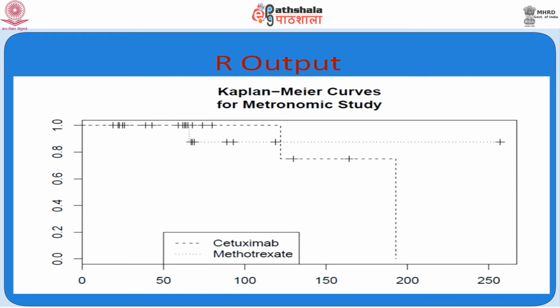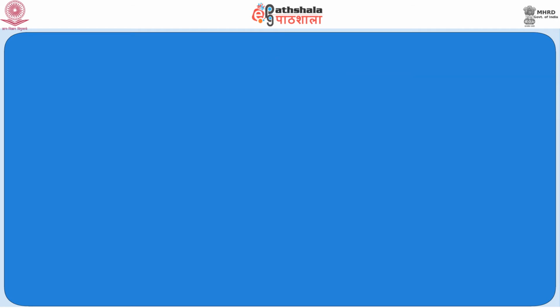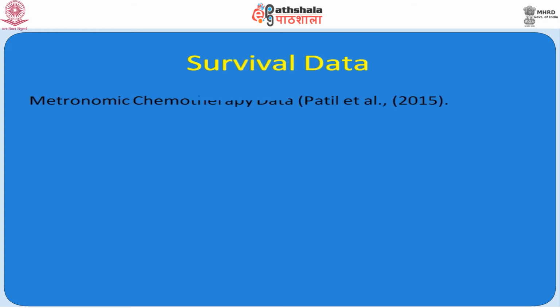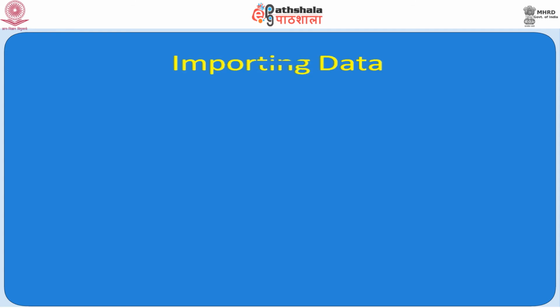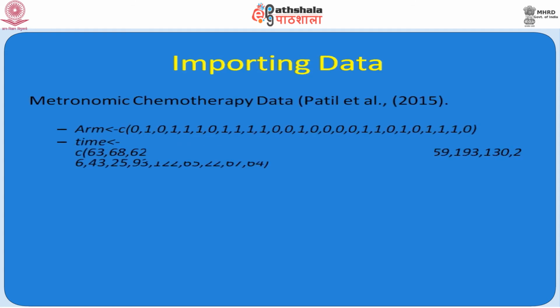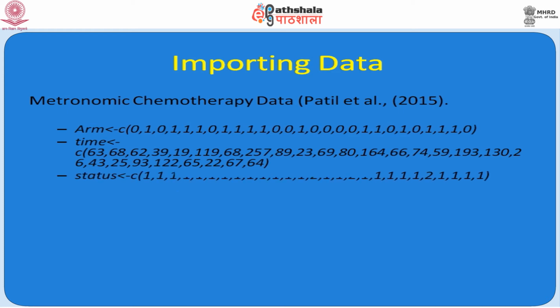If you go into the raw data, you can see that the maximum duration was 193 for the cetuximab arm and 257 for the methotrexate arm.